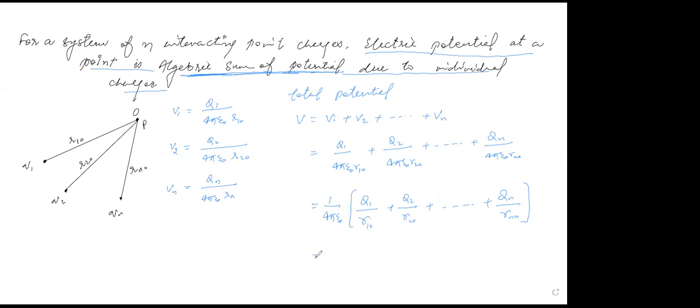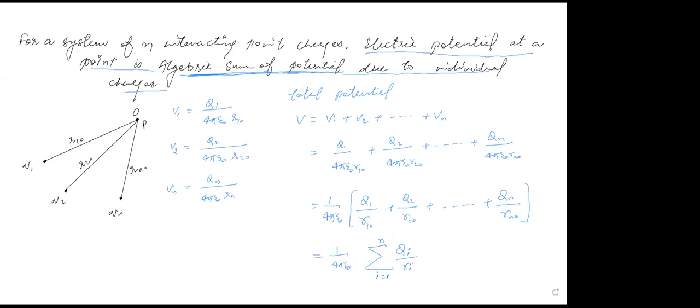And now mathematically you can write this as the algebraic sum of Q1, Q2, up to Qn. So we can write in algebraic form summation of i, where i is from 1 to n, Qi over ri.